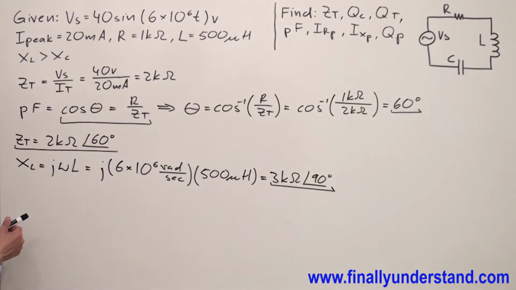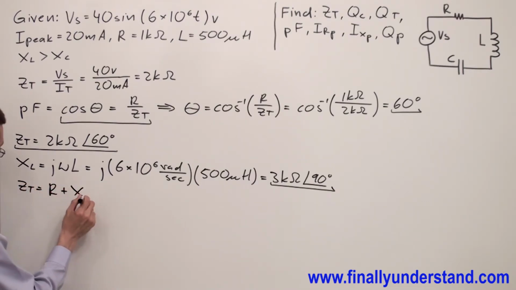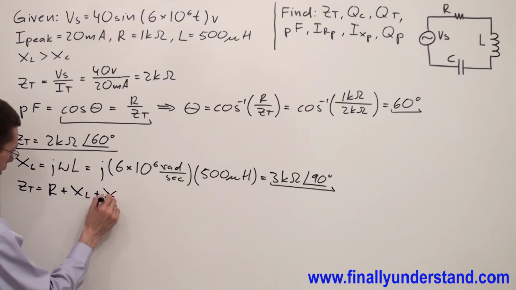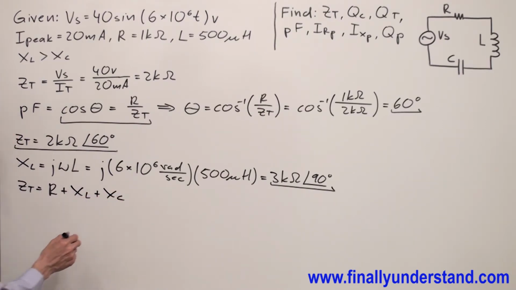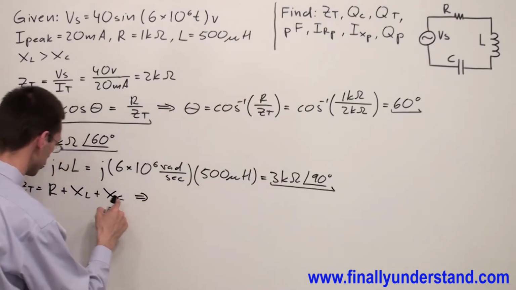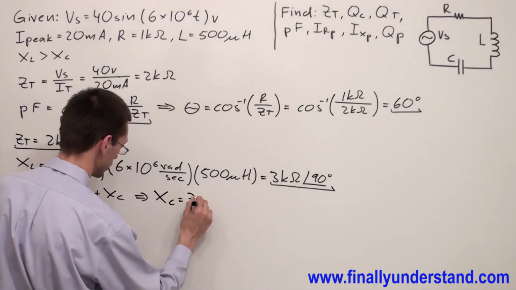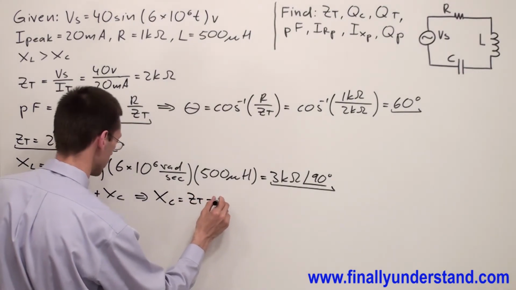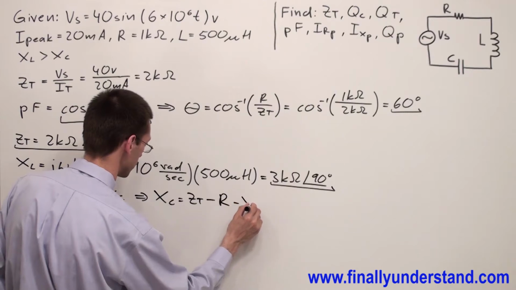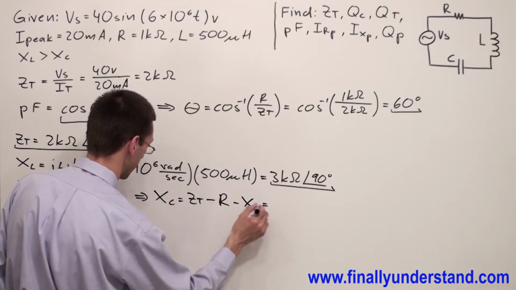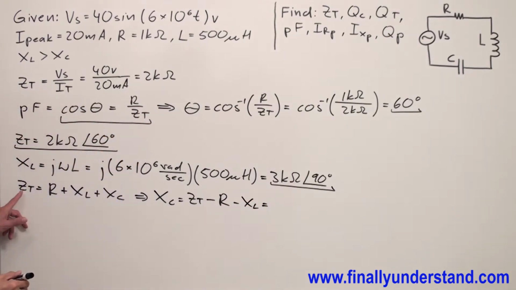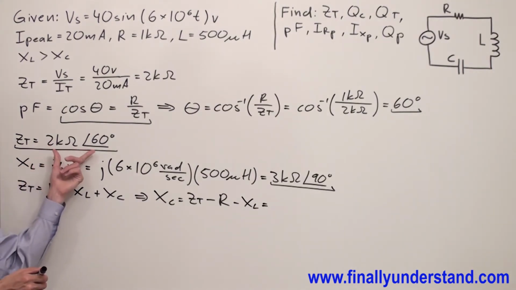Next, I can find X of C. In order to find X of C, I'm going to use the formula which says Z total is equal to R plus X of L plus X of C. In order to find X of C, you're supposed to solve this formula for X of C. So X of C is equal to Z total minus resistance minus X of L. I can use this formula because Z total has the angle.